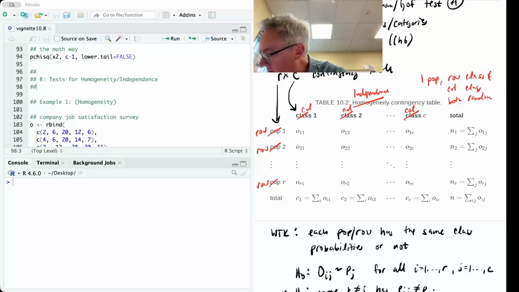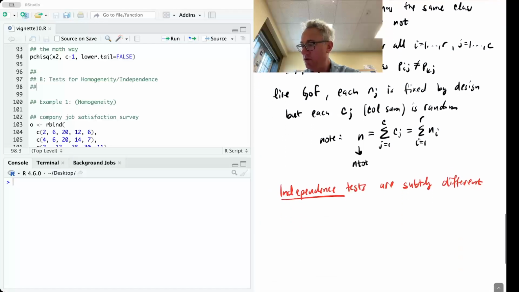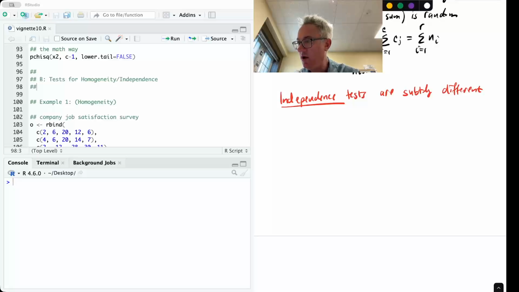And we use notation R1 for the row totals and R2 and so on. In the book there are two different tables for this, but I thought it might be fun here to just try to show you in red what's different about the independence table. So we have one population, two classifications, a row classification and a column classification.